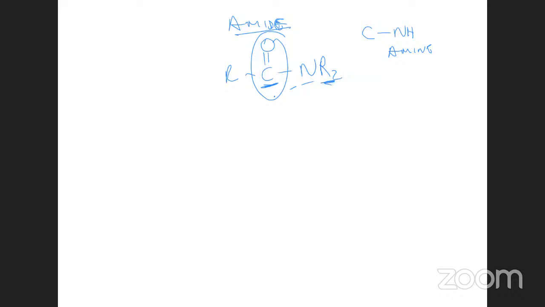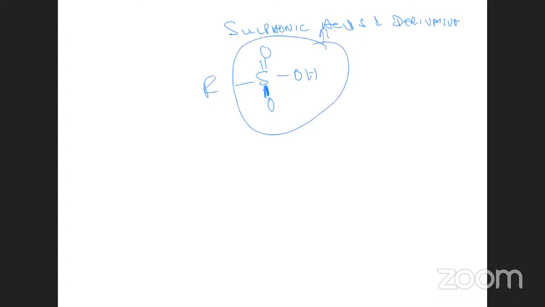Okay. We also get sulfonic acid, sulfonic acids and derivatives. That is SO2. So the entire thing now is not a carboxylic acid, it's a sulfonic acid.